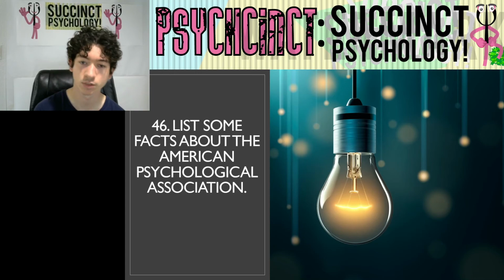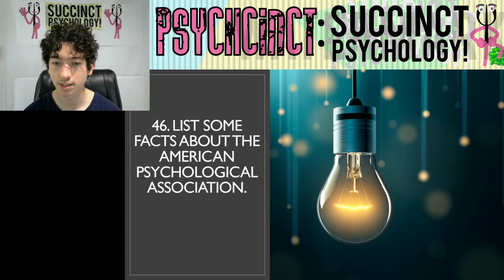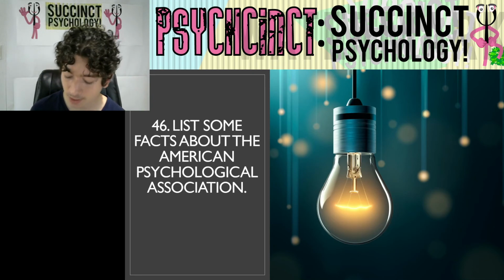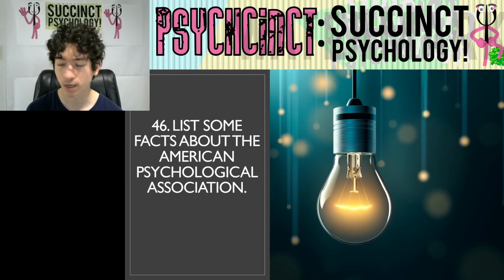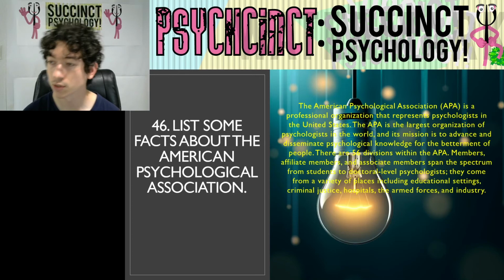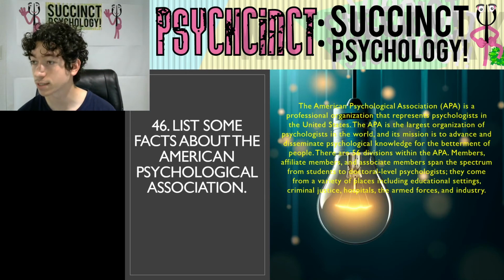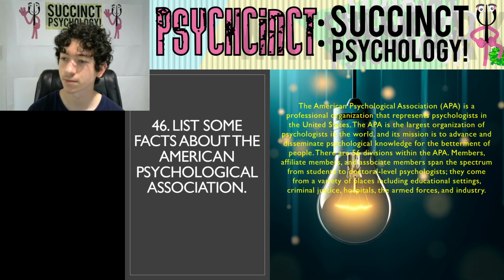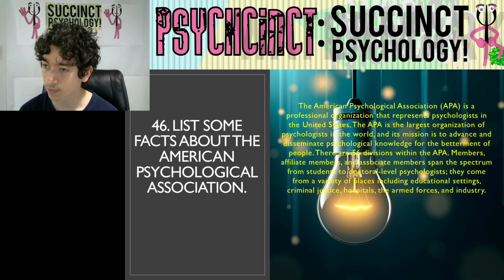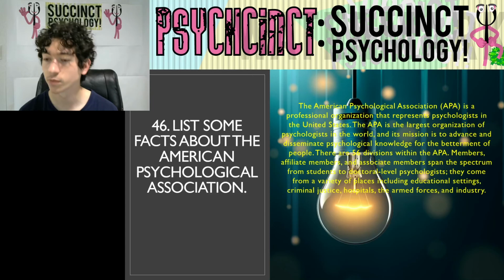Lastly, question 46. List some facts about the American Psychological Association. This is a free-form answer, but here are some facts that if you listed these, you would be correct. So I'll read them for you. The American Psychological Association, or APA, is a professional organization that represents psychologists in the United States. The APA is the largest organization of psychologists in the world, and its mission is to advance and disseminate psychological knowledge for the betterment of people.